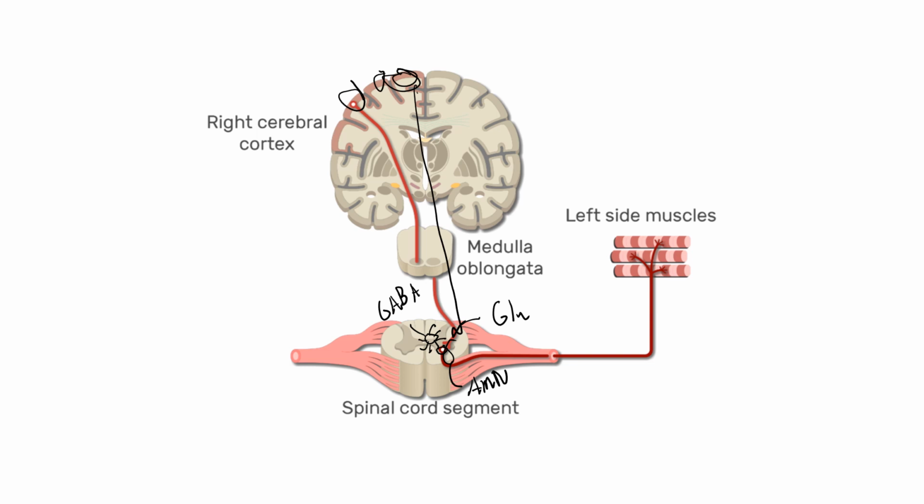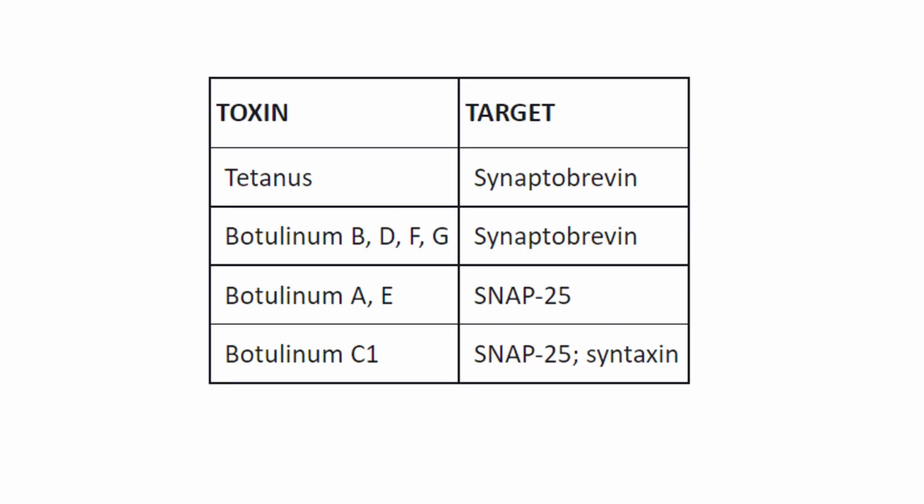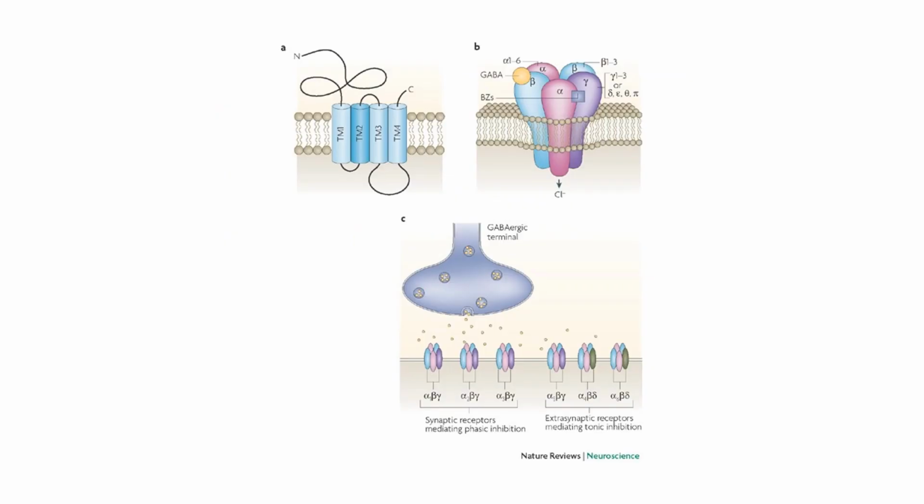So how does all of this relate to tetanus? The bacteria that causes tetanus, what it does is it gets into the nervous system. In particular, it goes into GABAergic neurons and it knocks out what's called synaptobrevin. What is synaptobrevin? All right, so these are the vesicles within the axon terminal button of the GABAergic neuron.